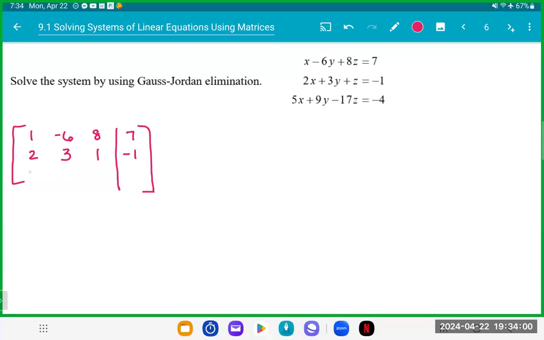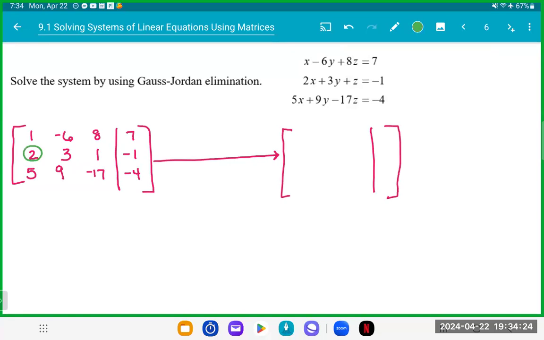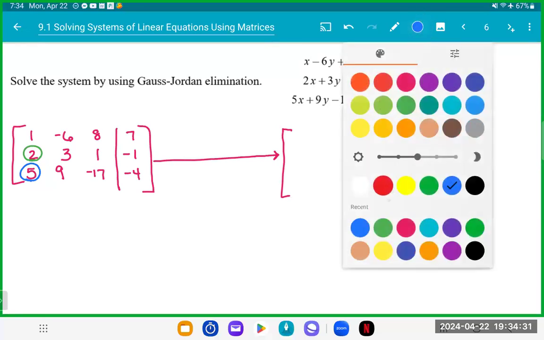And we have 5, 9, -17, -4. All right. So for the first one, we want to get a 0 here and a 0 here. Okay, so I'm writing it in two different colors to just kind of help you draw your eye to that.